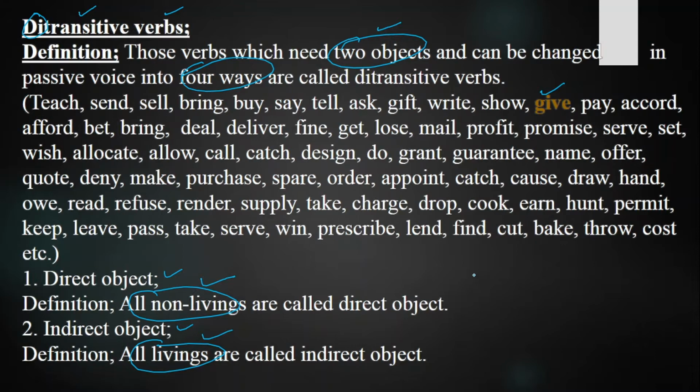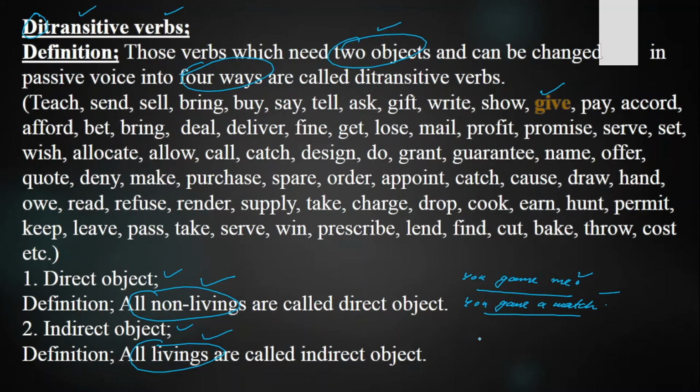If I say, you gave me, a question arises: what did you give me? Clear? You gave me. And if I say you gave a watch, a question arises again: whom did you give a watch to? So in both sentences the sense is not clear.